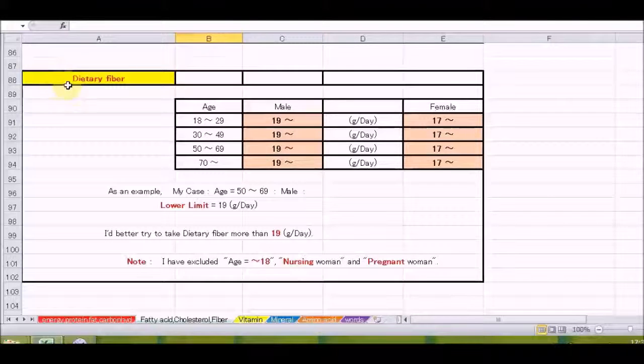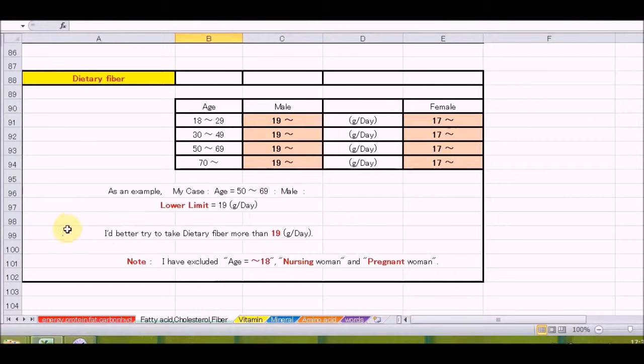Well, about dietary fiber, it can be estimated by this table. Age, male, female. For example, in my case, 50 to 69, male. Lower limit is 19 gram per day.